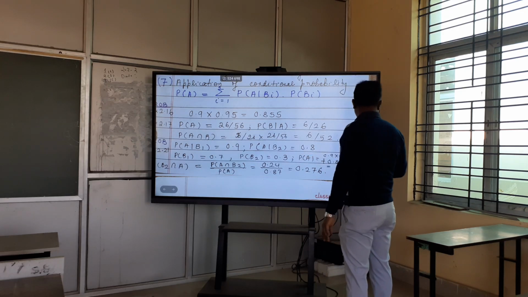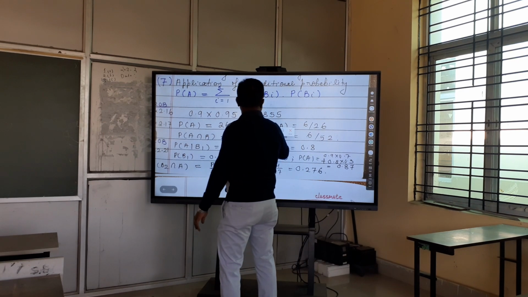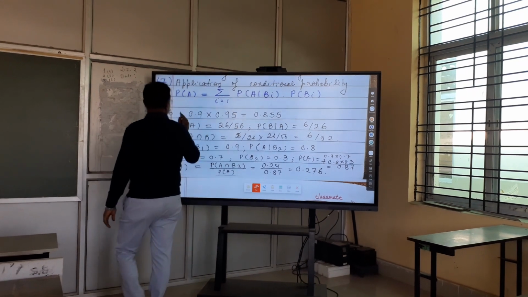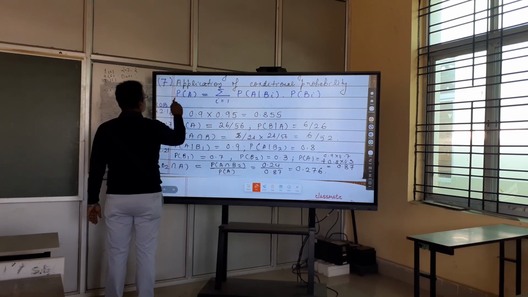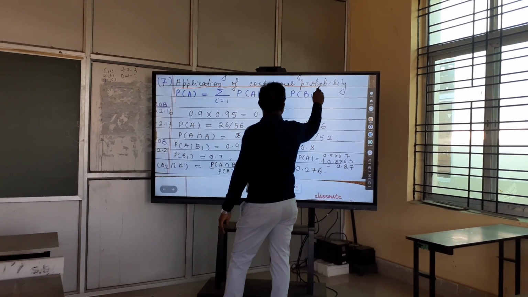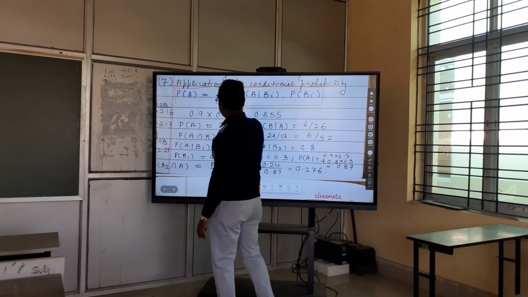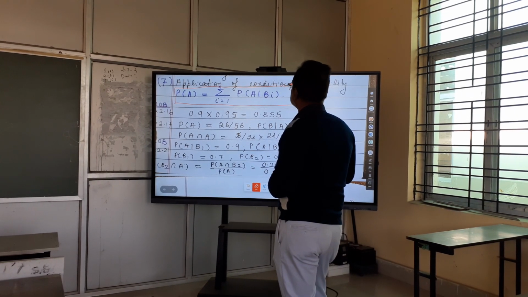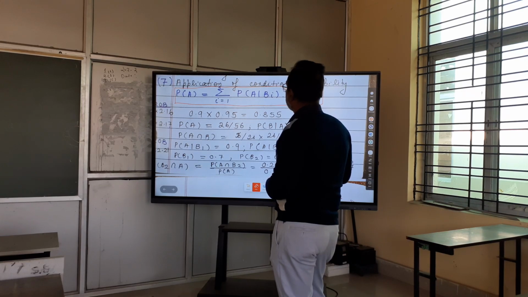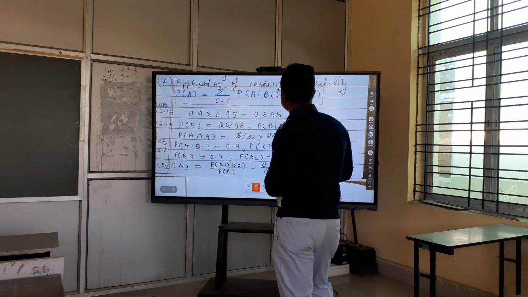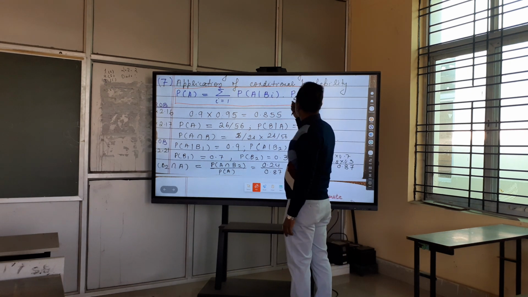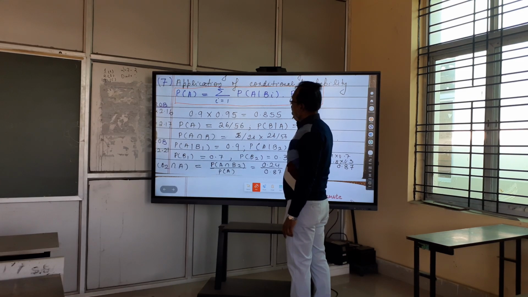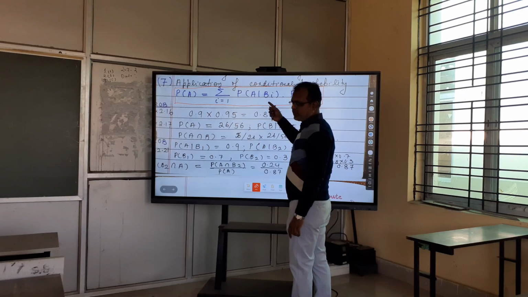So this formula, as it says, P(A) is equal to the summation for i equal to 1 to n of P(A given Bi) into P(Bi). It is also known as Bayes formula.